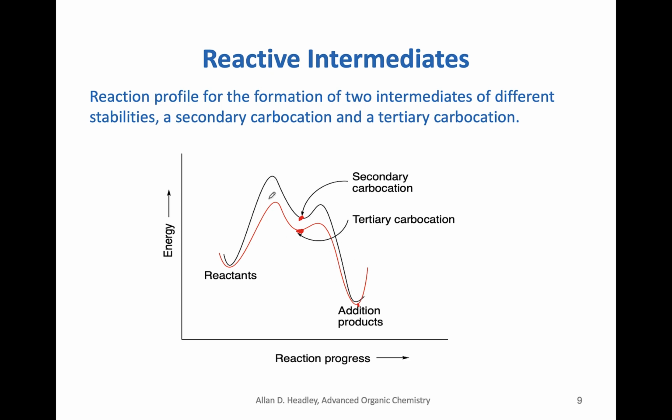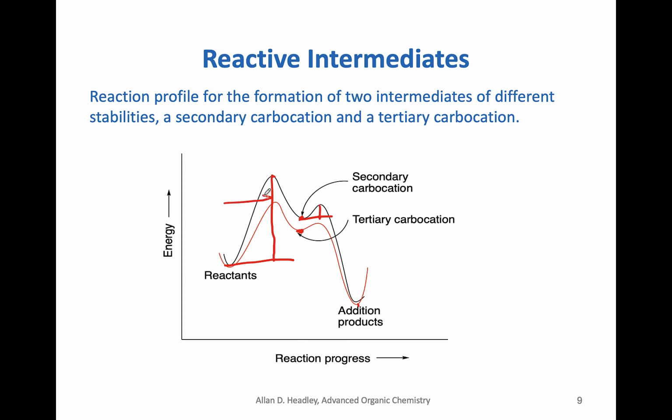Again, the same information can be obtained from this type of diagram. Transition state for the first step, energy of activation for the first step. You'll see that the energy of activation for this first step here is pretty high compared to the energy of activation for the second step.